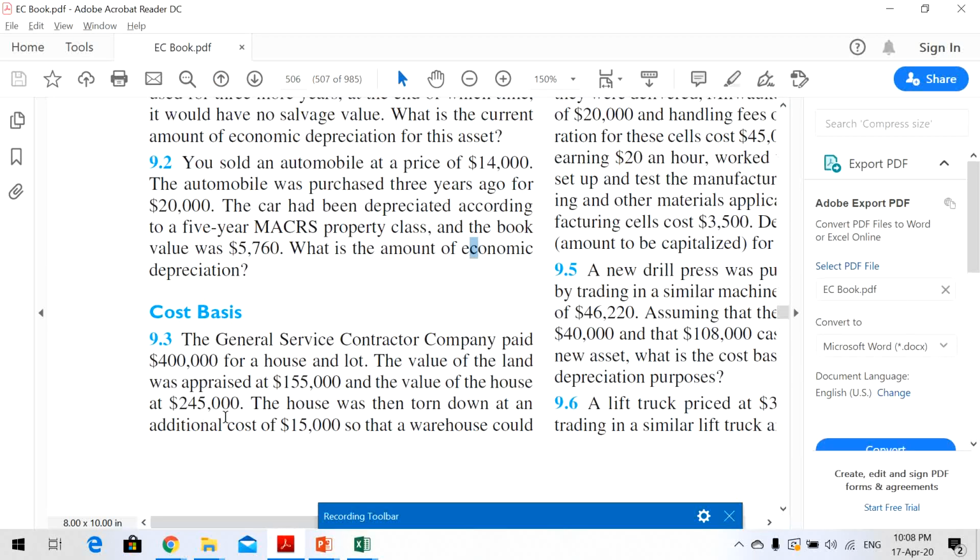The value of the land was appraised at 155,000 and the house at 245,000.